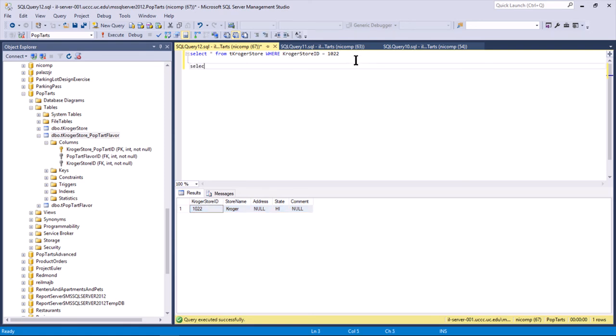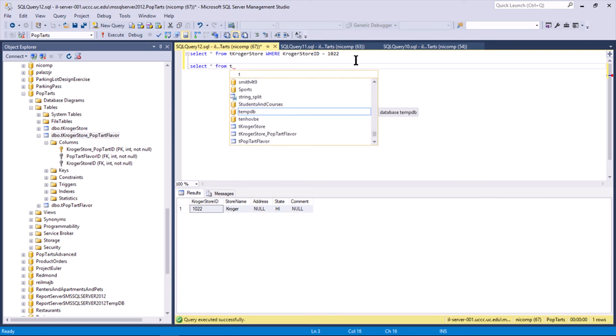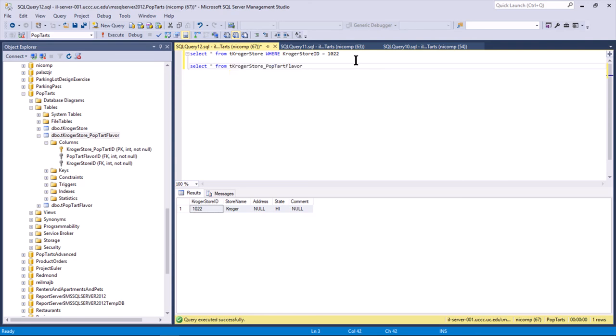Now, let's look in the Kroger store Pop-Tart flavor, the intermediate table, for that same value in that same field. If I highlight this, it will only run that statement.